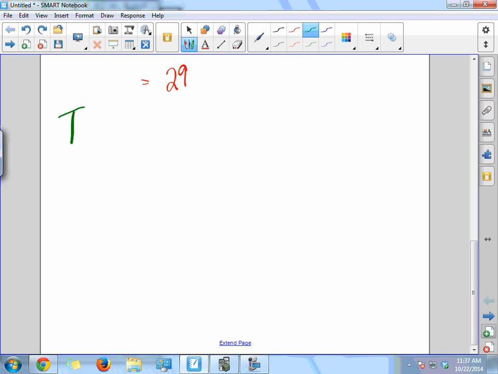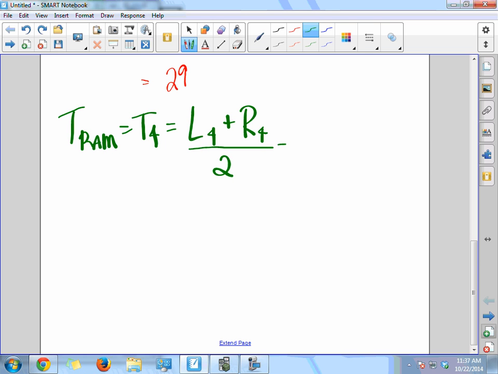So this would be TRAM, and I'm also going to call it T sub 4. The easiest way is to take L sub 4 plus R sub 4 and divide by 2. So this is going to give me 20 plus 40 over 2, so this would be 30. This gives me a pretty good estimate.